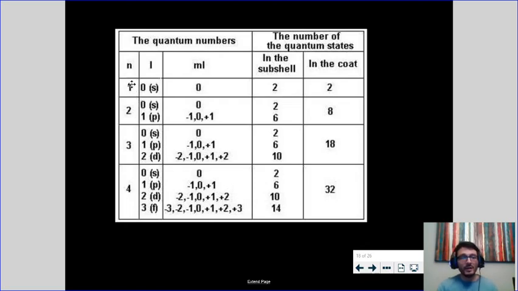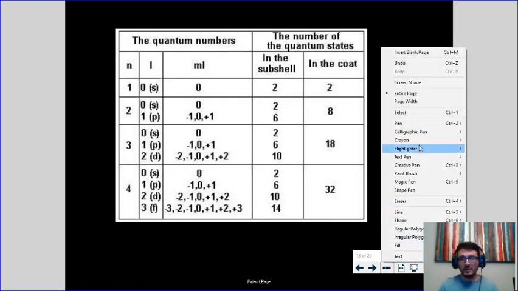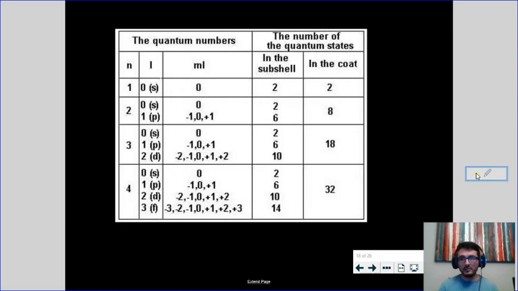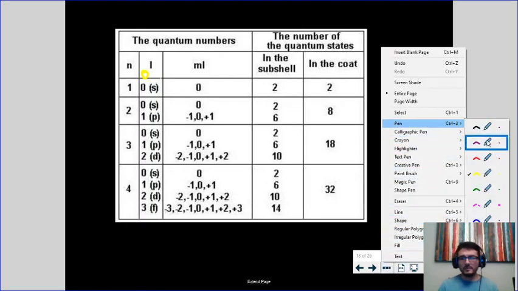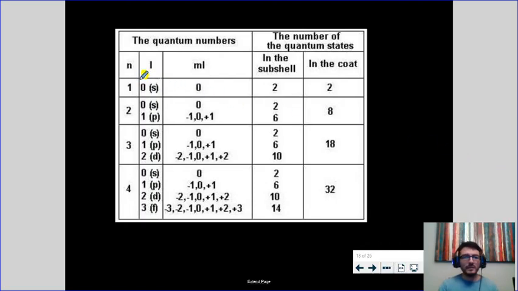So when n is equal to 1, let's get a pen. Okay, when n is equal to 1, you then have a range for L, which is 0, right? Remember that? Okay, so your range here is 0 to n minus 1.